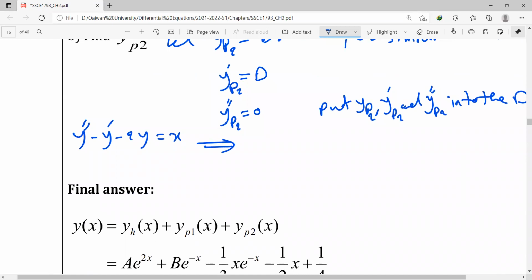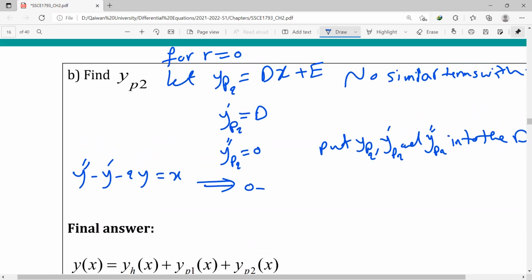And then we get y double prime is 0, minus y prime is d, minus 2y is dx plus e, equals to what? Equals to x plus 0. The constant term is 0 here. Now we have minus d.